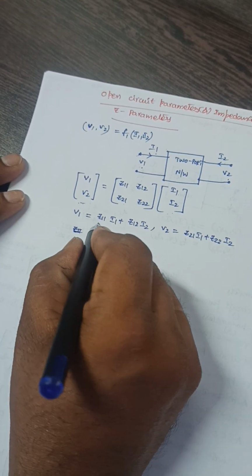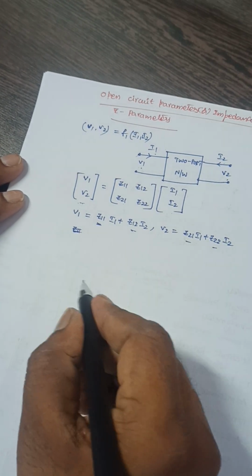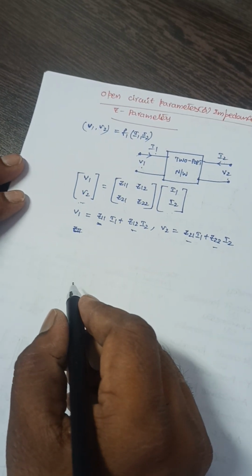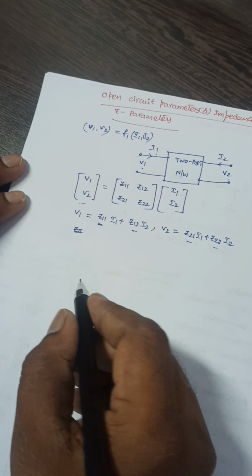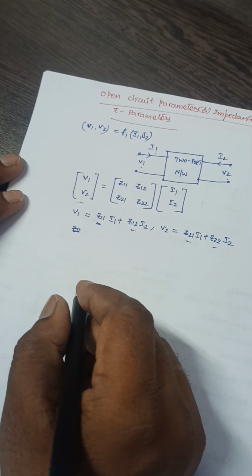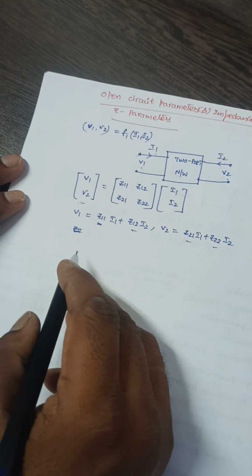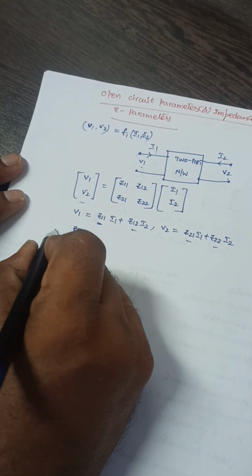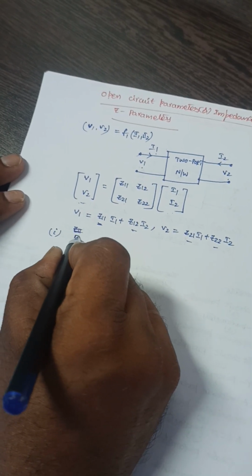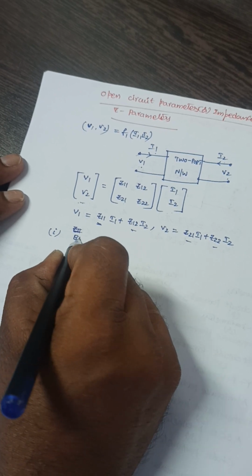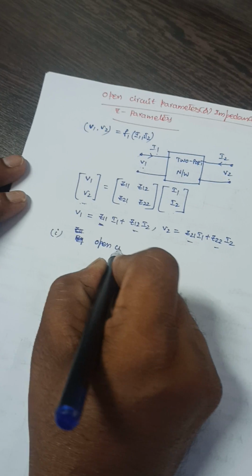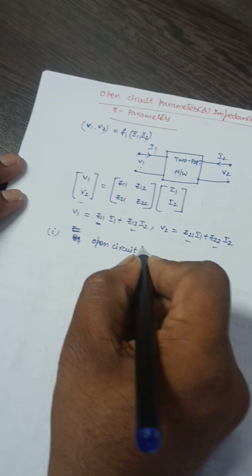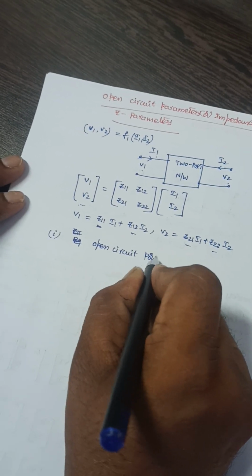So these Z11, Z12, Z21, Z22 are called Z parameters, open circuit parameters, or impedance parameters. How to find these parameters? So first one, by open circuiting port 2.